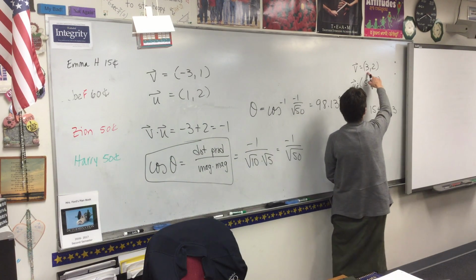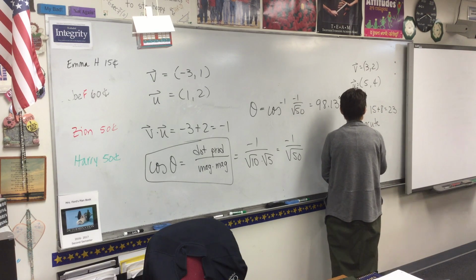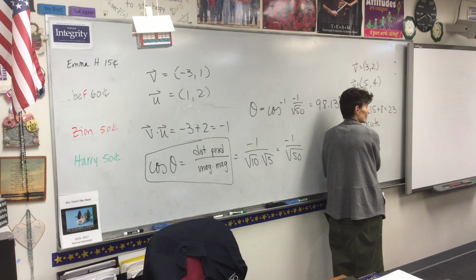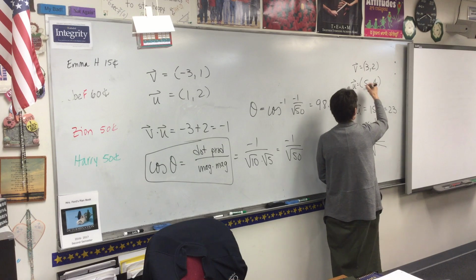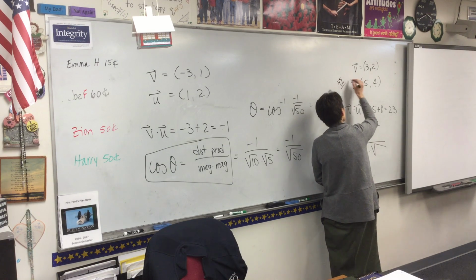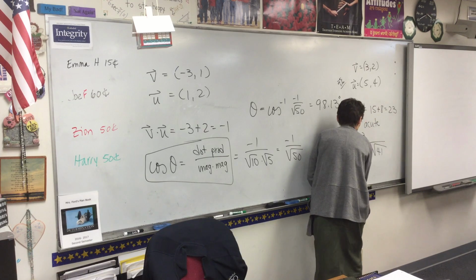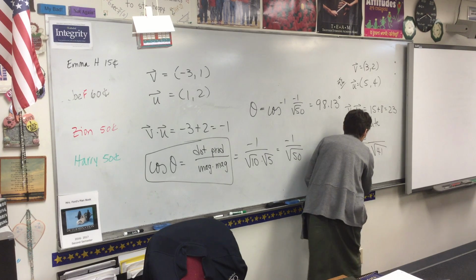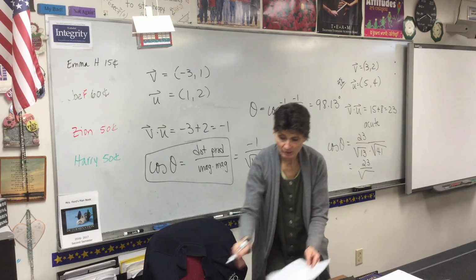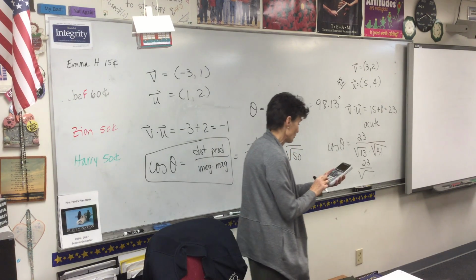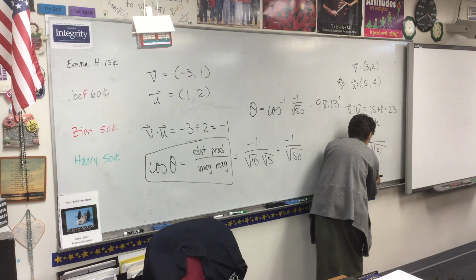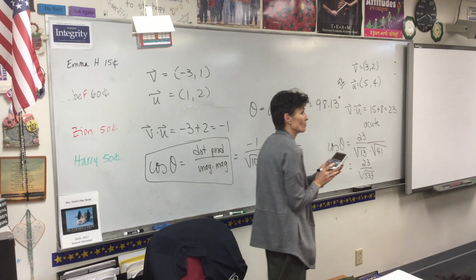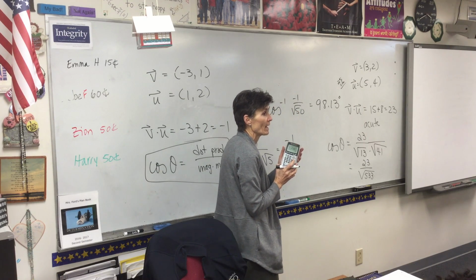So the magnitude of this guy is the square root of 13, 9 and 4, times the square root of this one, which would be 25 and 16. Is that 41? Yeah. Now, I would take my calculator and combine those two radicals right now. It's easier to type in if there's only one radical. So it's the square root of 533. Just multiply 13 times 41, so you just have one radical.